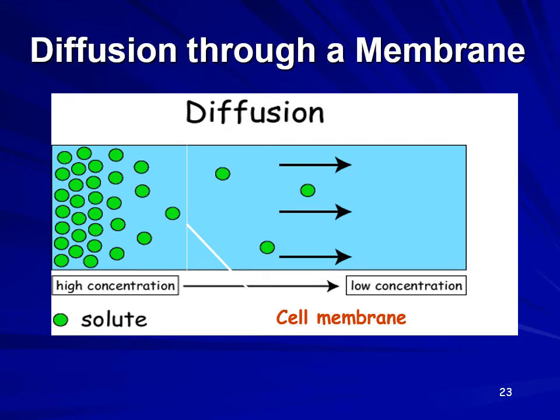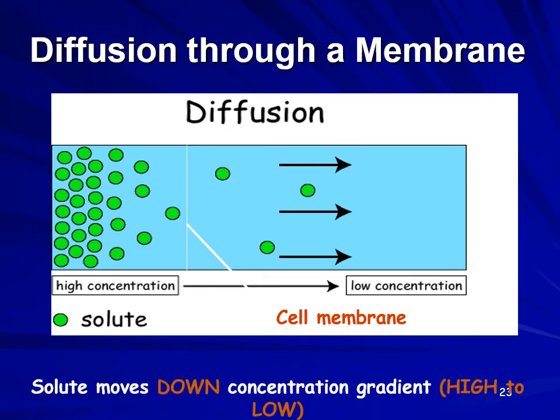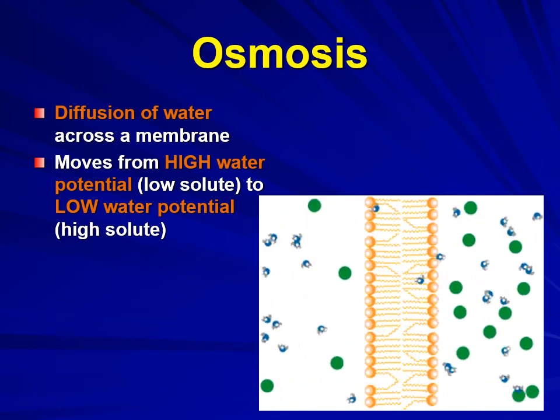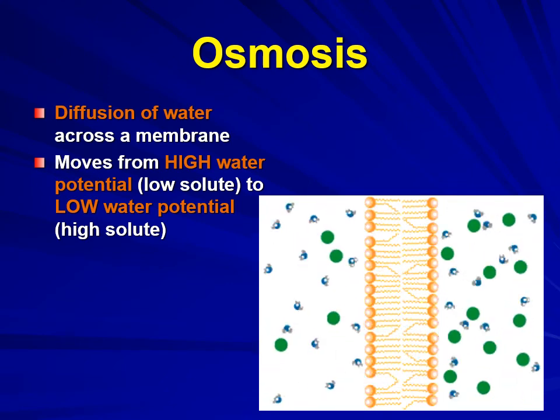I'm trying to make it really prevalent for you because it's important for understanding when we start getting into some of the reactions the body does. So you can see from high to low. Osmosis is the same idea. It's the diffusion of water across a membrane. Same thing, high to low. It's just for water, we don't call it simple diffusion, we call it osmosis.